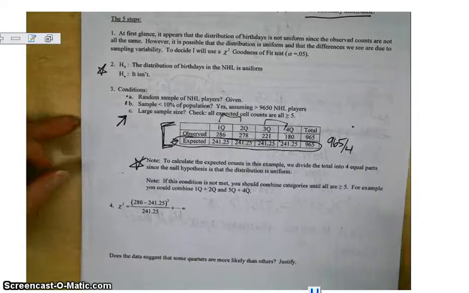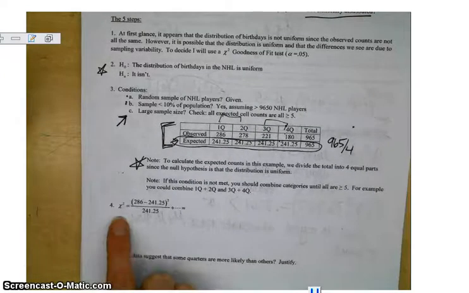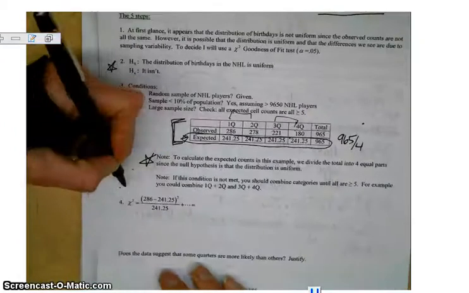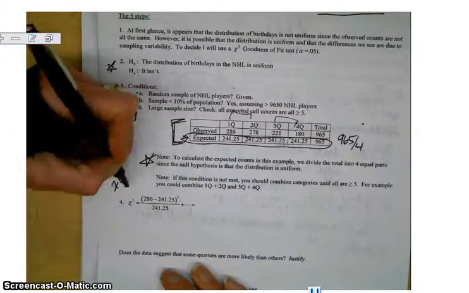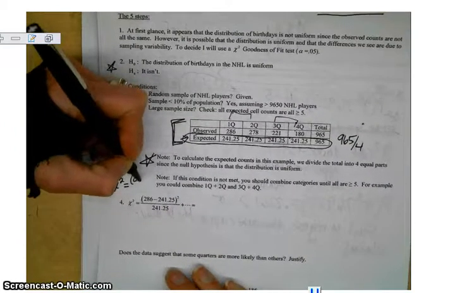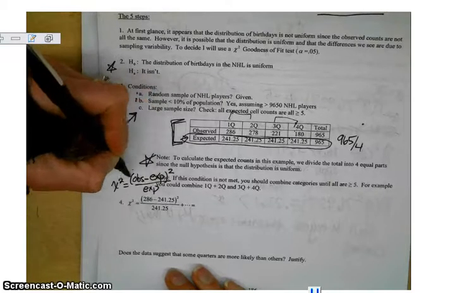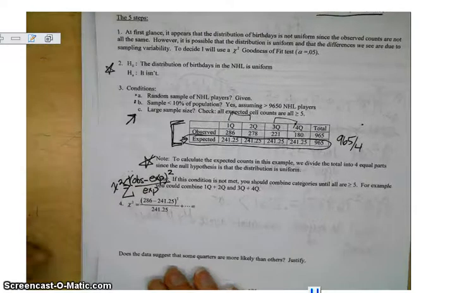All right, so now we need to do the calculation for the chi-square statistic. The formula was given back in the other notes. Chi-square is equal to the observed minus the expected quantity squared, divided by the expected, and then you add all of those up. It's got a sigma symbol in front of it.